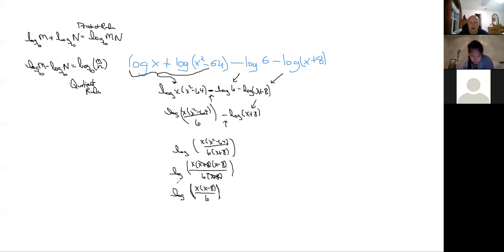So now understand, I'm using a generic b over here because as long as the base is greater than 0 and not equal to 1, it can be any number. In this particular problem that you're choosing, the base is 10. All these are base 10. You're like, how do you know? It doesn't say that.